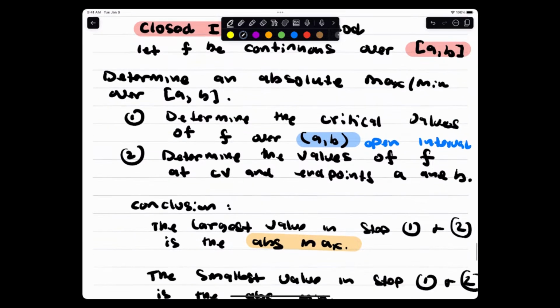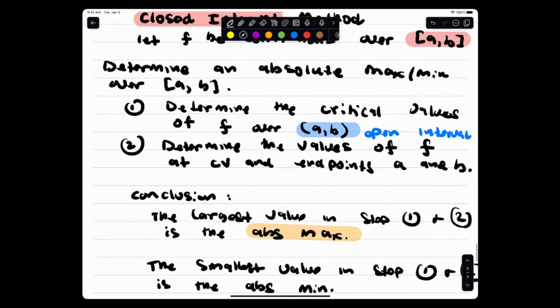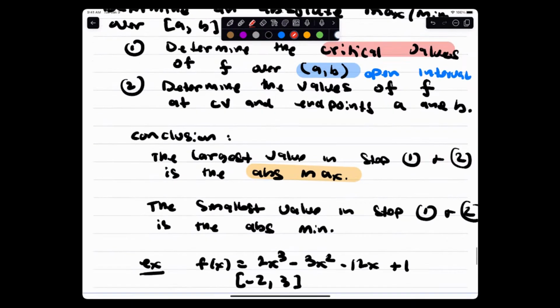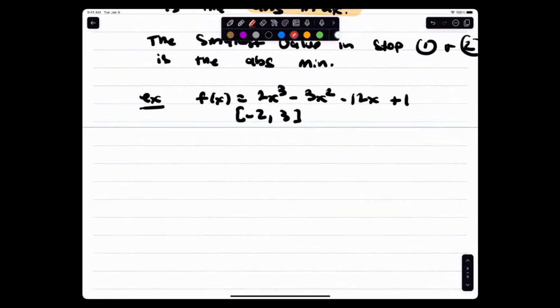It's very simple. What do you think your first step will be? Find your critical values. So it's a nice polynomial. It's defined everywhere, so that means whatever I get as a polynomial, I set that equal to 0. So, do you guys want to tell me what that derivative is?